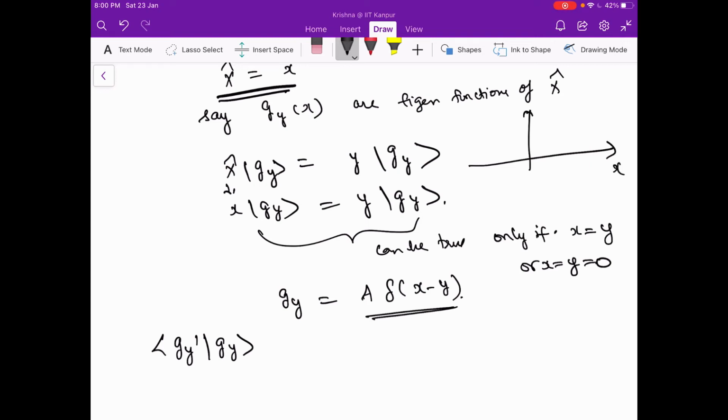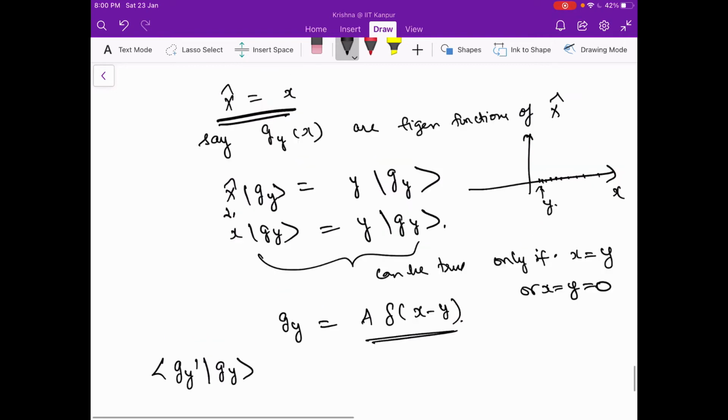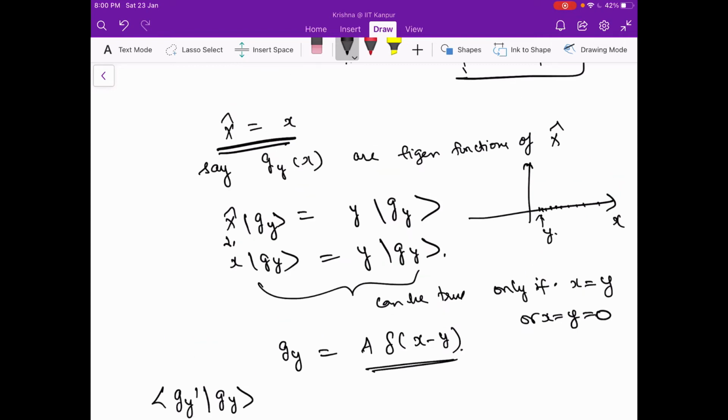So this is x, and I'm saying at any point here you take it as y. So gy is any such function, and if I define an operator x, the only value at which you will have a delta function is at this x value. Okay, that's what we are trying to make here.